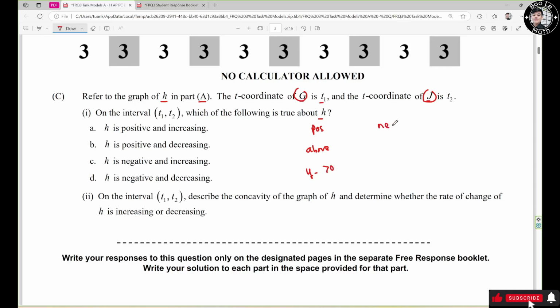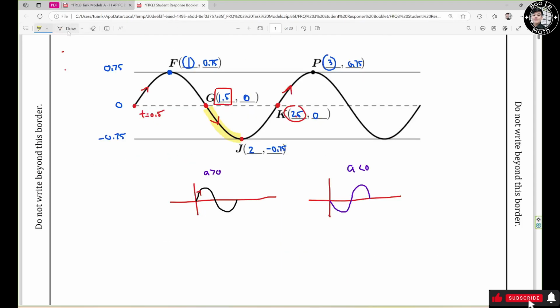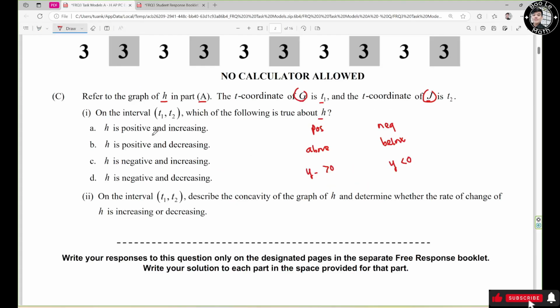If it's negative, it should be below the axis if you're given the graph, or the y-coordinate should be negative. Since you're not given the graph, you're given the coordinate points, so we look at the coordinate point right here. The y-coordinate right here is less than 0, so it should be negative.